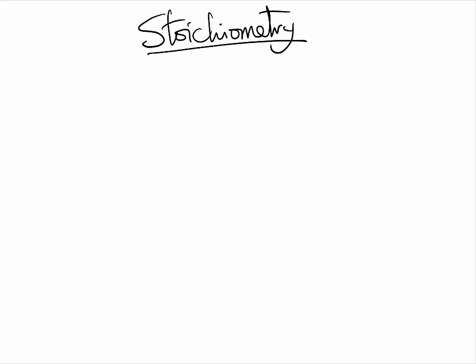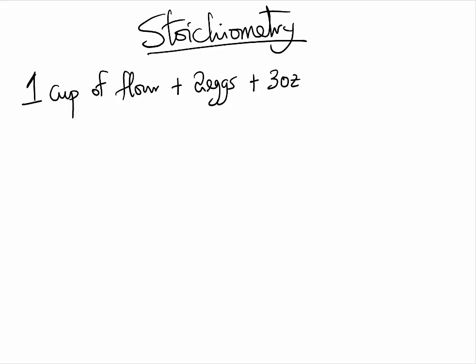If this is my recipe for preparing pancake, 1 cup of flour plus 2 eggs plus 3 ounces of milk and a lot of all the other ingredients. Let us assume this will give me 5 pancakes.